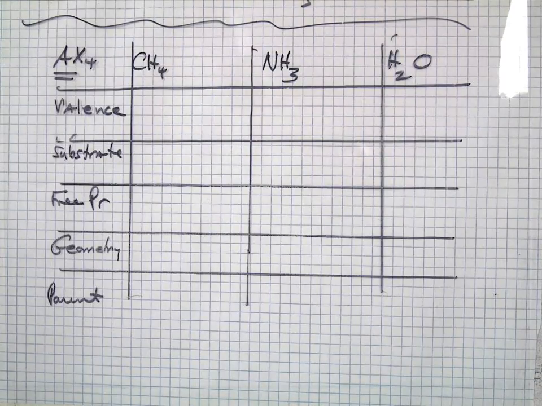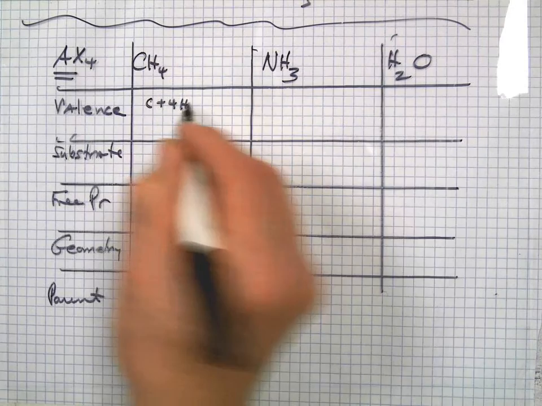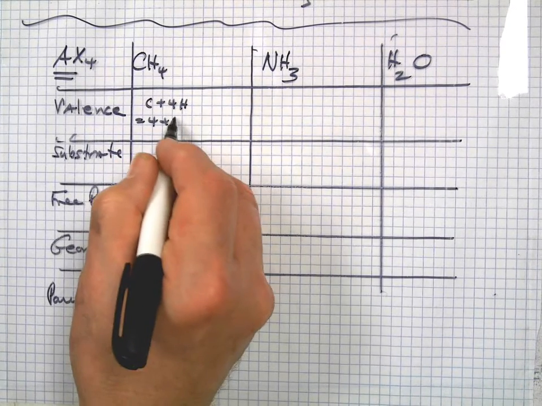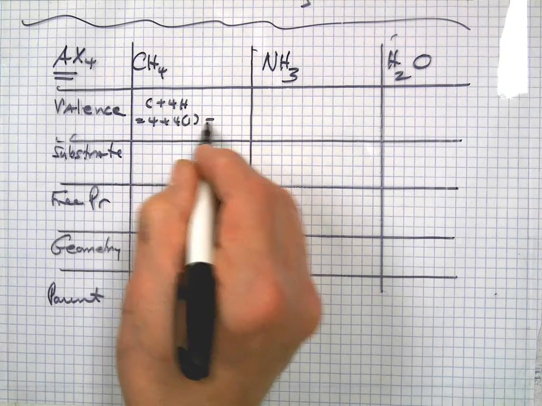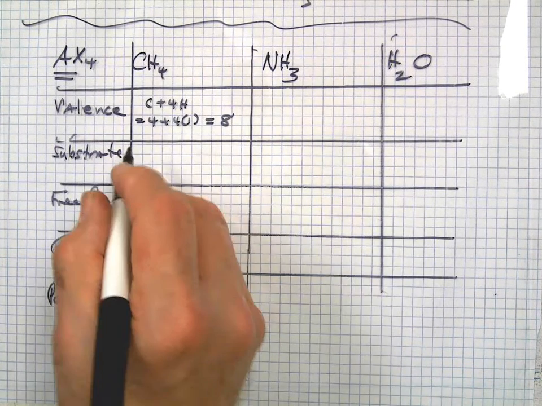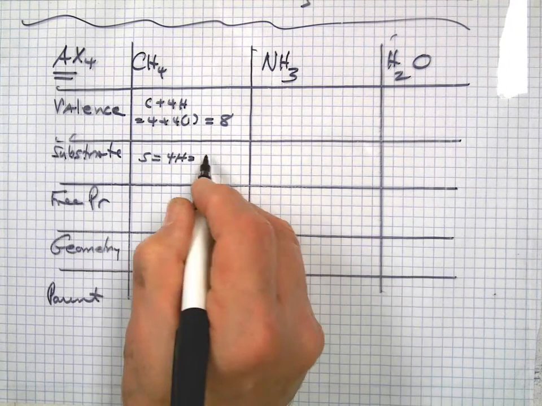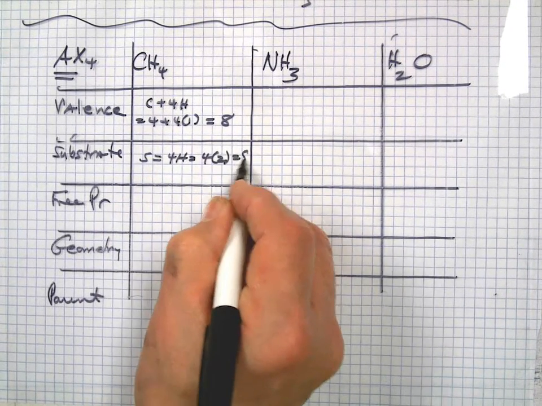Okay, so we have to calculate or define each one as we go along. Your valence is a carbon plus 4 hydrogens, which equals 4 plus 4 times 1, and that's 8. Substrate is just 4 hydrogens, which is 4 times 2, which is 8.